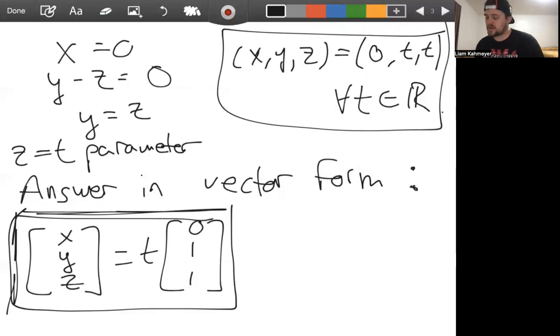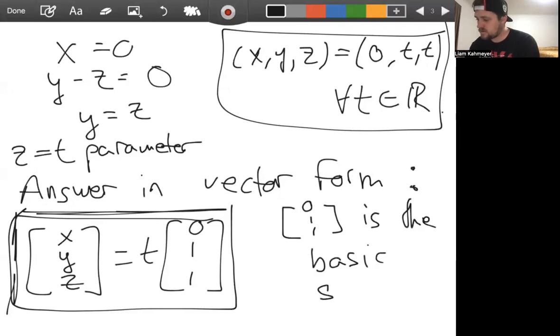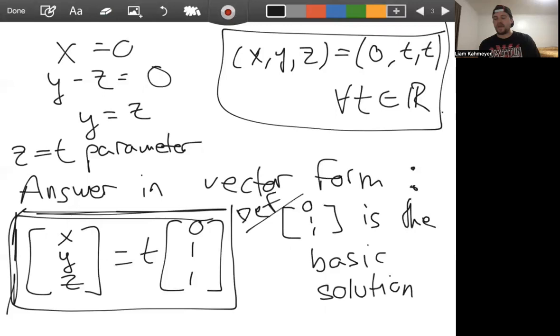And some notation: notice that all of the solutions to this system are just multiples of the vector (0, 1, 1). And so for that reason, we'll say (0, 1, 1) is the basic solution. So, definition: in this context, all solutions to this system are just a multiple of that base vector.